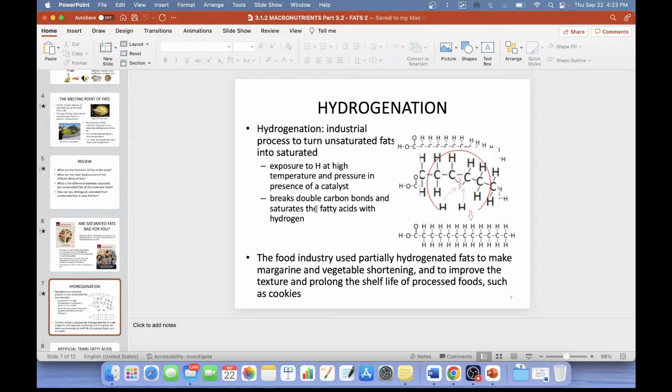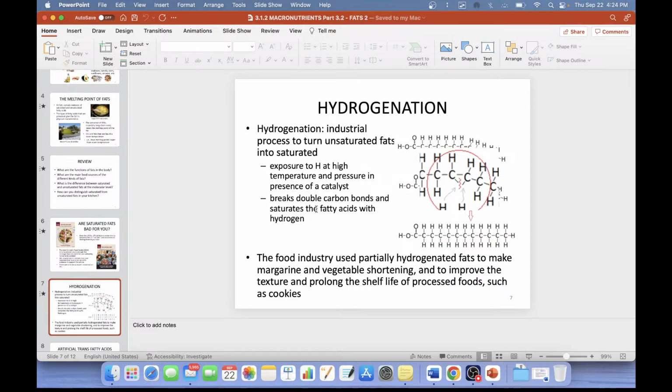And it gives it a texture that makes it more suitable for certain food preparations, for baking, for example. Because it has a texture similar to the texture of lard or butter. So there are various reasons why food manufacturers want to apply this process to vegetable oils, relatively inexpensive vegetable oils that are naturally unsaturated fats.